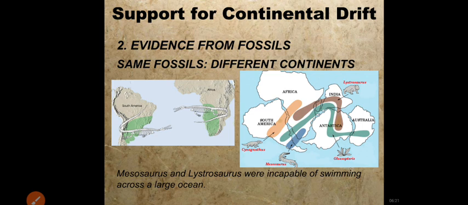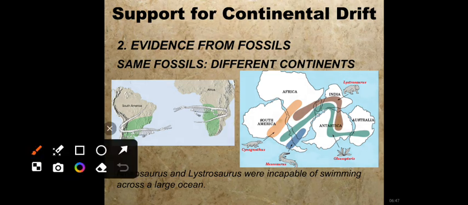Similar plants and animals are found on different sides of the continents, like South America and Africa, as well as India and Australia. All these places have the Mesosaurus, an aquatic reptile. They are found in different places, which proves that the Earth was once together.